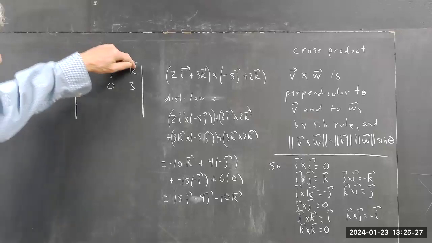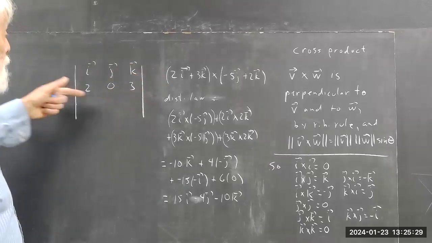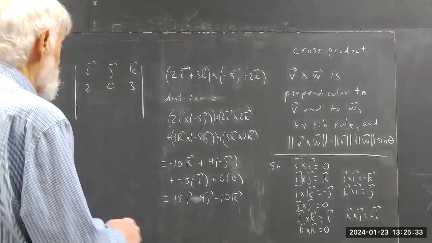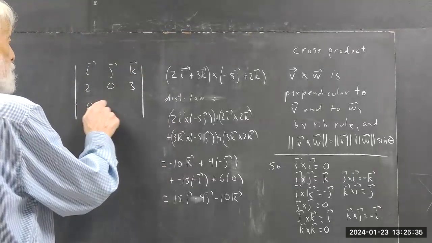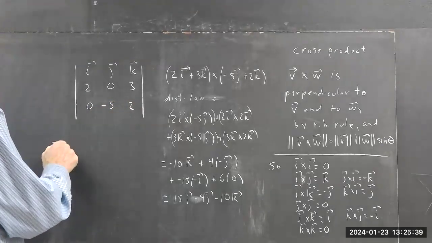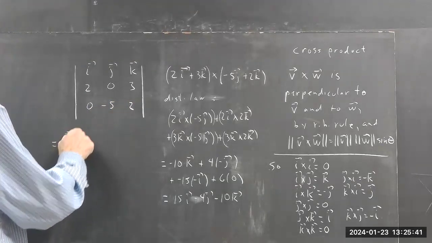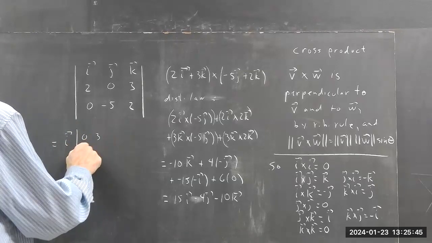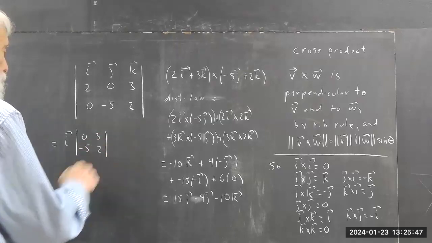So you always start with I, J, K up here. You take the first vector and put it in the second row. Then you take the second vector and put its components in the third row. And expand by minors.